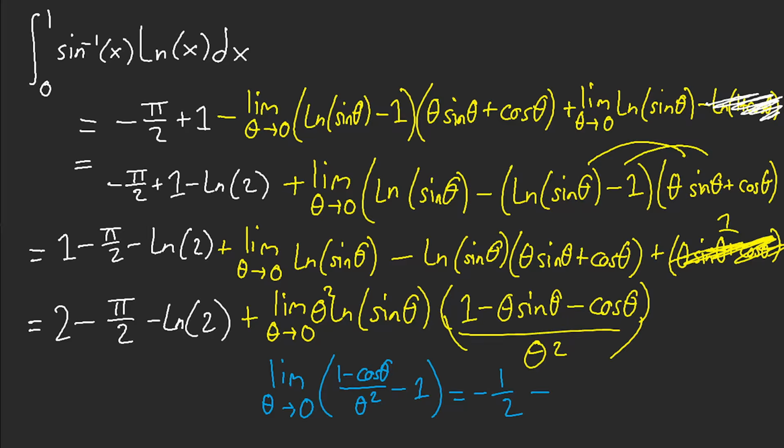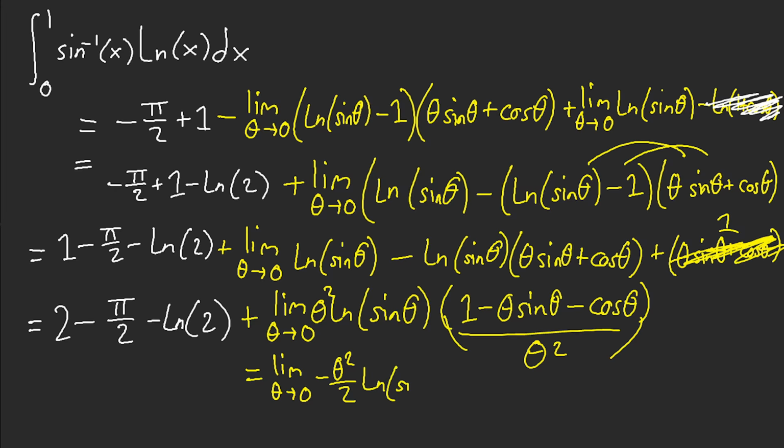As long as it's not 0, then I'm safe. I can do this. It has to be a non-zero limit. So this is equal to negative theta over 2 ln sine theta.